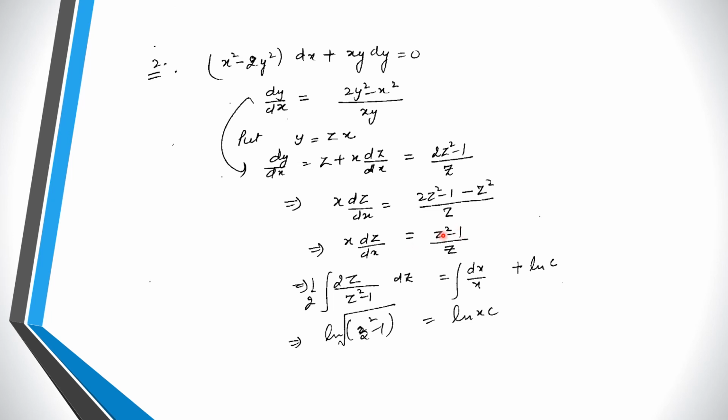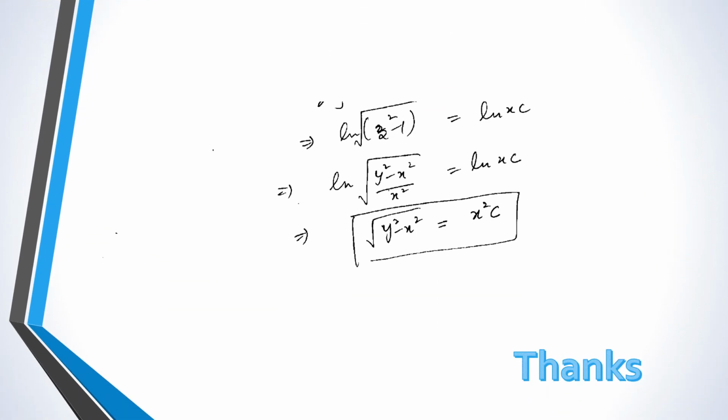We can take z terms to this side and integrate with respect to z. Similarly, x terms to this side and integrate with respect to x. So after integration, we will have this. After more simplifying, substituting the value of z in terms of y and x, we will have this as the solution of the given differential equation.